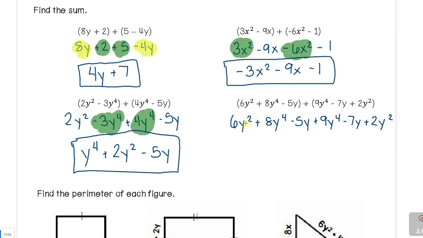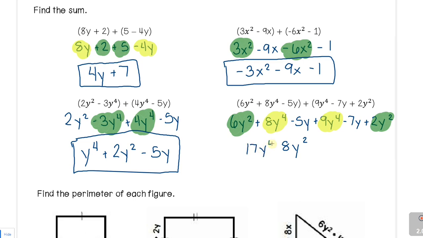And then we are going to combine our like terms. So we have y squared. We have a 6y squared and a 2y squared. 6 plus 2 is 8y squared. And then we have 8y to the fourth and 9y to the fourth. 8 plus 9 gives us 17y to the fourth.